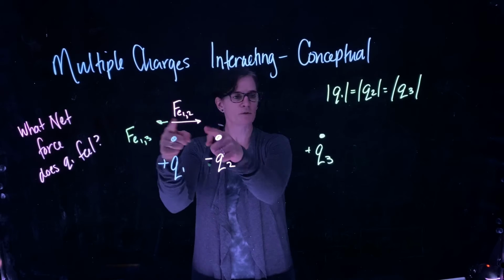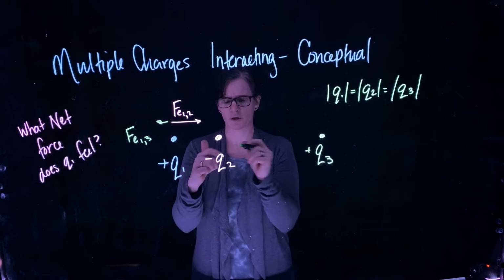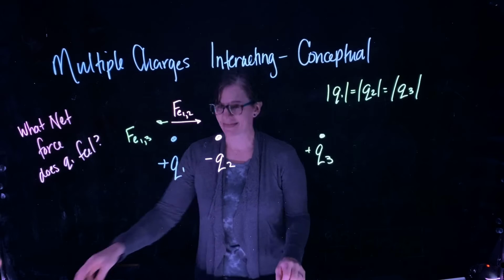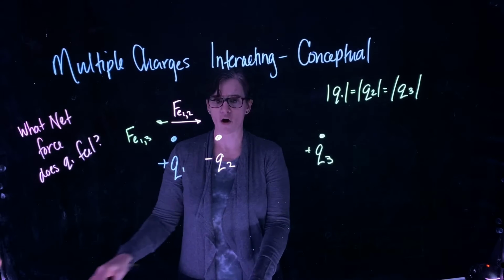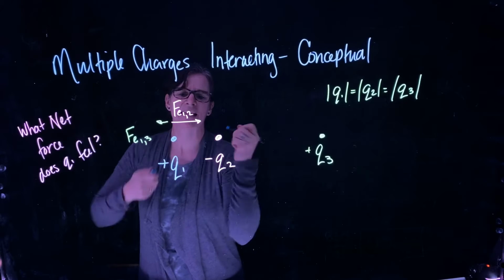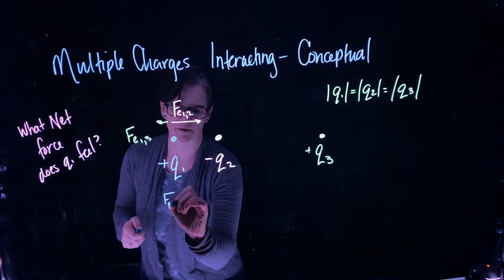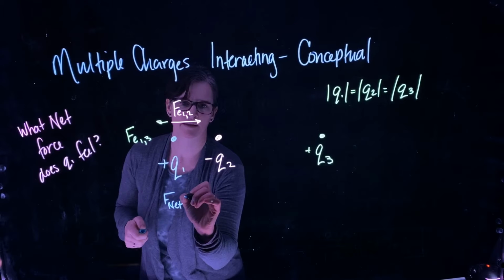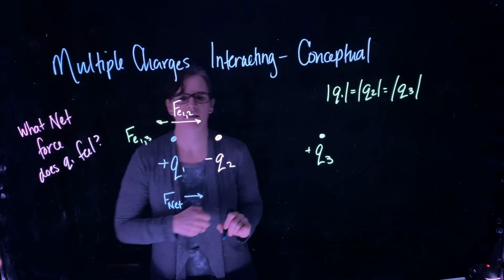Now I have these 2 forces. There are no other charges interacting with Q1, and I can look at the net force acting on Q1 by both charges Q2 and Q3. The net force is going to be the sum of those forces, in the rightward direction.